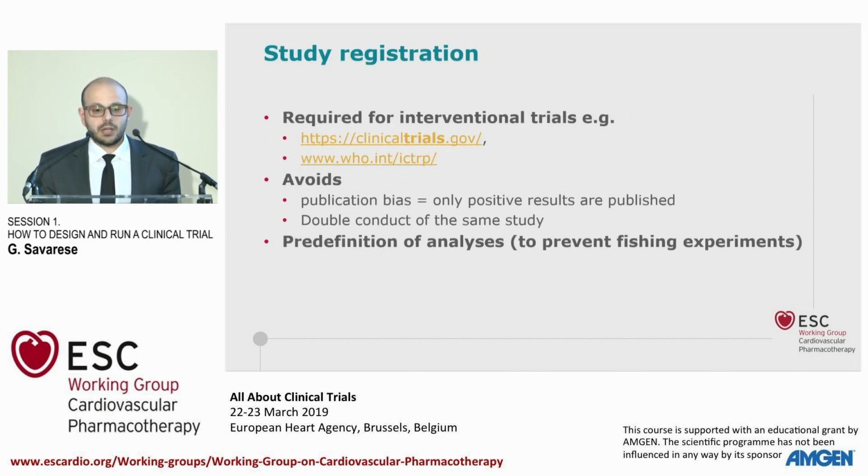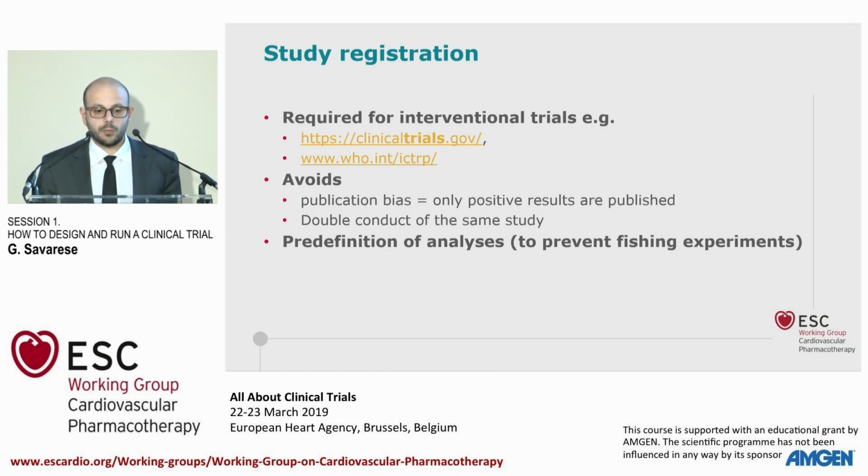Observational studies, like registry-based ones, meta-analyses, and clinical trials can be registered online on specific registries. For example, clinicaltrials.gov is one of those. We should always try to publish everything, in order to avoid, of course, publication bias. So even if we have a study with neutral or negative results, we should try to publish it.